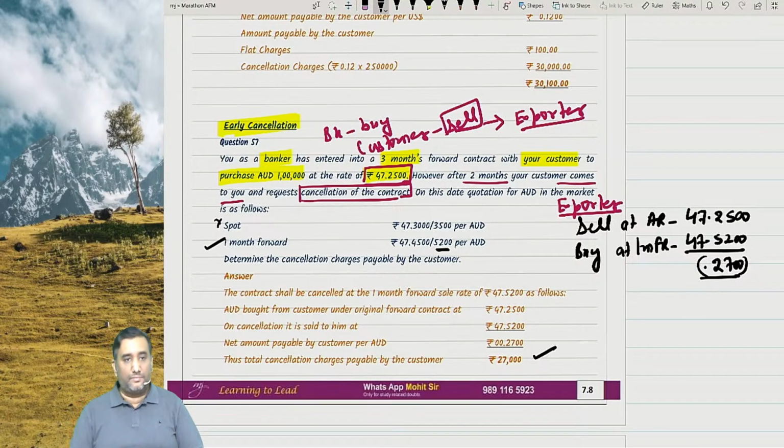Sell at agreed rate, buy at 1 month forward rate. Exporter original rule was sell, buy.